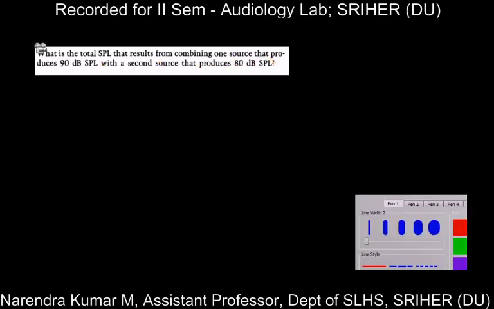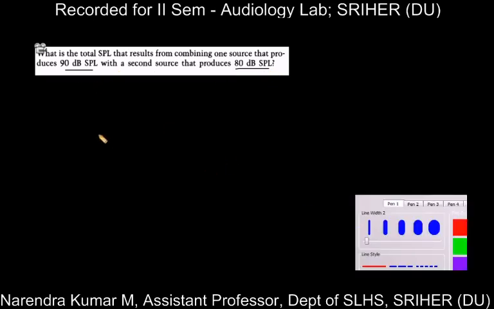Now what happens when there are two non-identical sound sources? When there is an identical sound source, we can just put a factor of 2, 3, whatever the n value, and find how much we need to add to the base value.